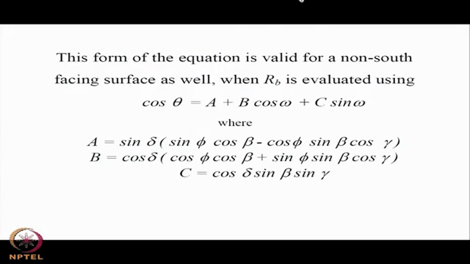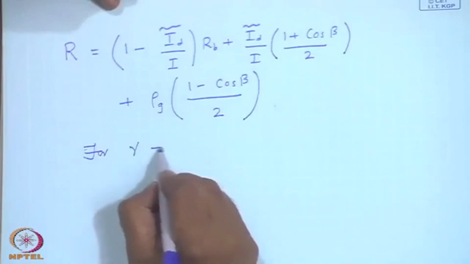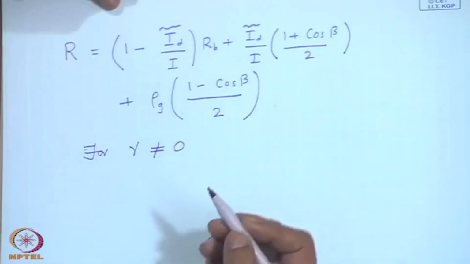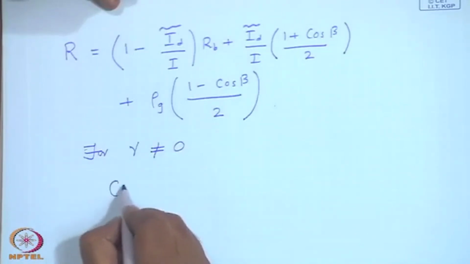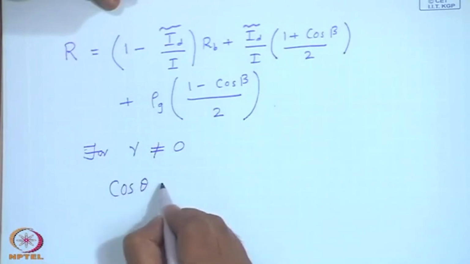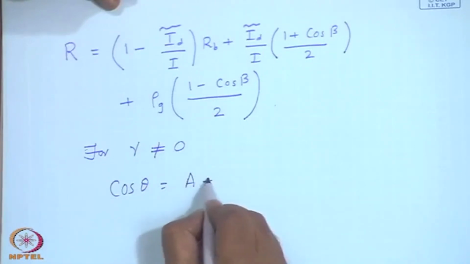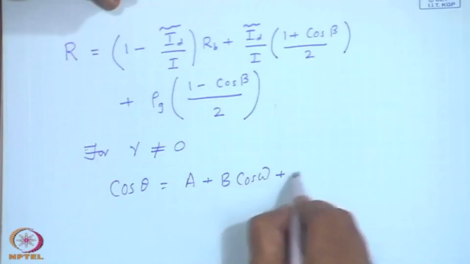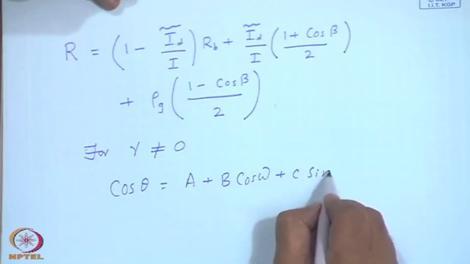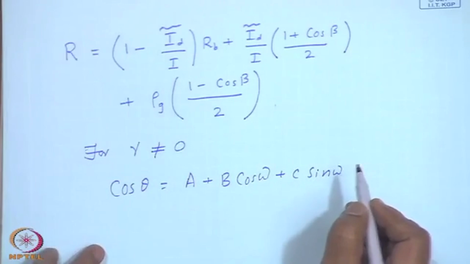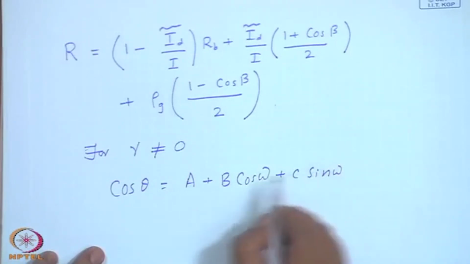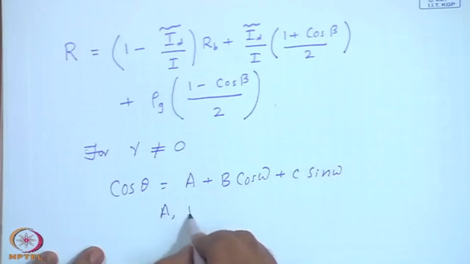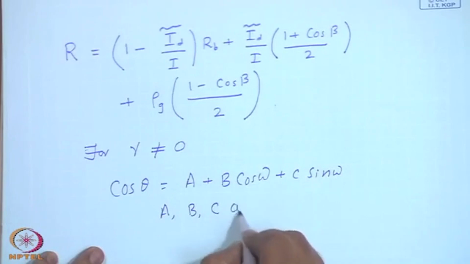So, you can easily write for this, we have this general expression A plus B cos omega plus C sin omega, where A, B, C are defined.